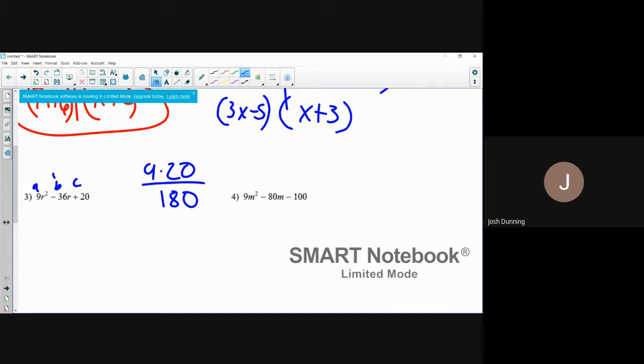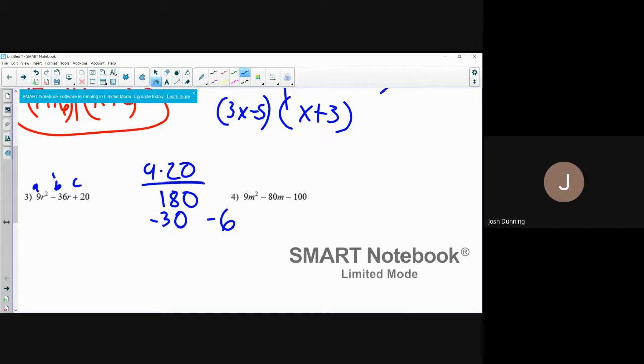So they both got to be minuses. Well, 6 times 3 is 18. 30 times 6 then would be 180. And 30 plus 6 is 36. We got our numbers. They're both negative.